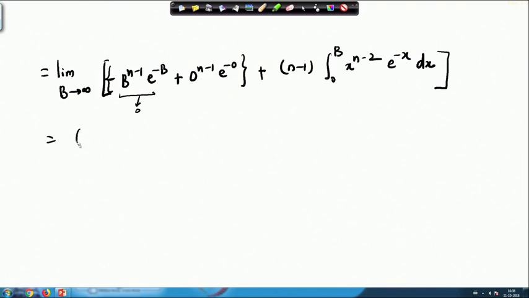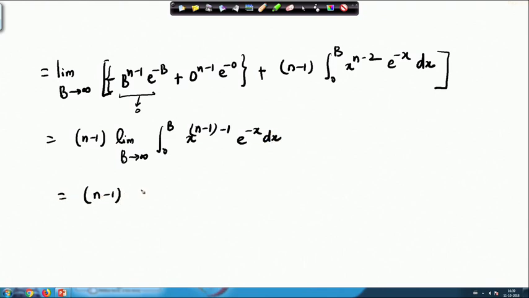So, we are left with n minus 1 times limit b goes to infinity integral from 0 to b x to the power n minus 1 minus 1 e to the power minus x dx. So, in short, we can write n minus 1 times integral from 0 to infinity x to the power n minus 1 minus 1 e to the power minus x dx.